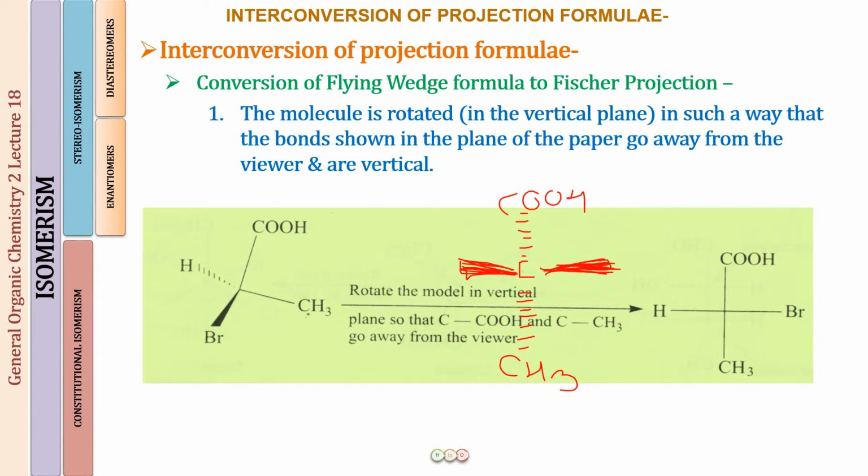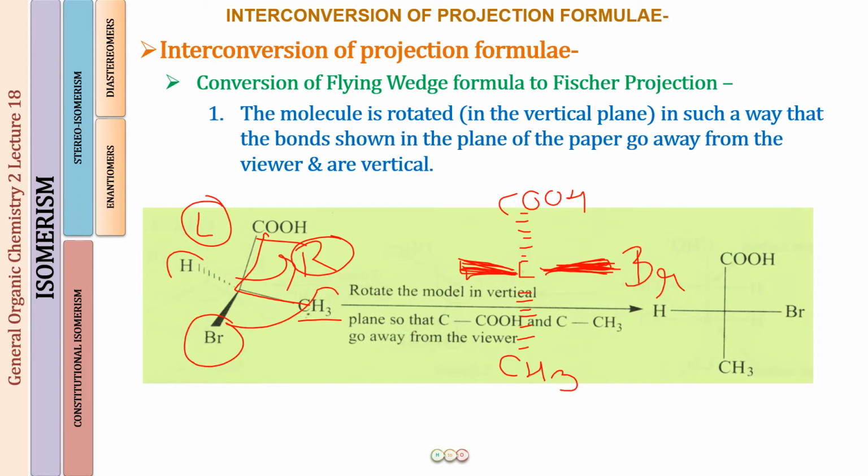Bromine, which was on the left side, means the way I am looking at the molecule. That is what you have to remember. So if this is the vertical line, what I see is this is my right side and this is my left side. So bromine, when we rotated the molecule backwards so that the CHO and CH3 go back, moves to the right side. So we will be writing it over here. Hydrogen, which was back, comes forward but remains on the left side, so we write it like this.